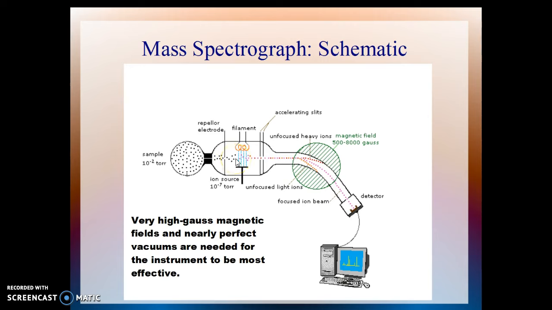You heat it up, strip off some electrons, maybe more than one, and you pass it through a slit, which in this slit there's charges. Since these are positively charged, they're attracted to the positive and repelled from the negative, and they get going very, very fast through the accelerator.